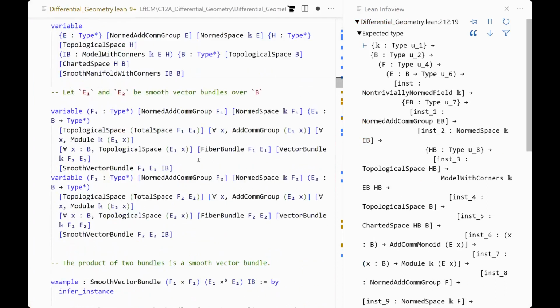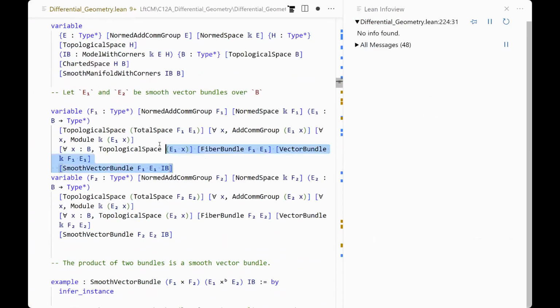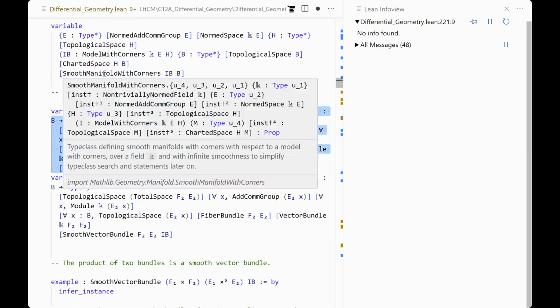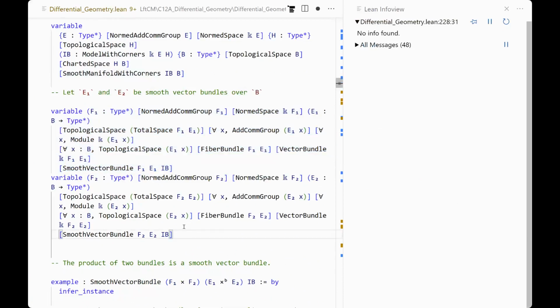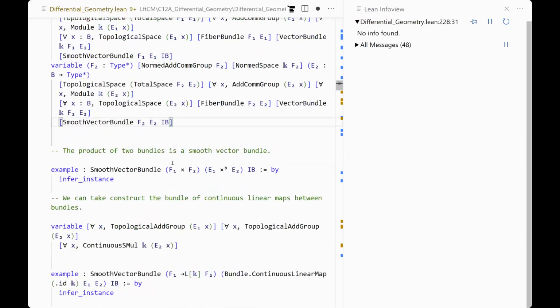Here again we have this verbosity issue where you have to write quite a bit. So this is all saying that E1 is a smooth vector bundle over the manifold B with fiber F1. And then here is another smooth vector bundle.